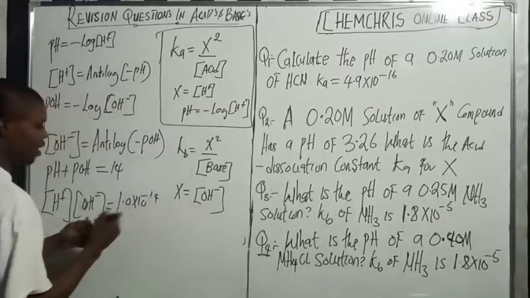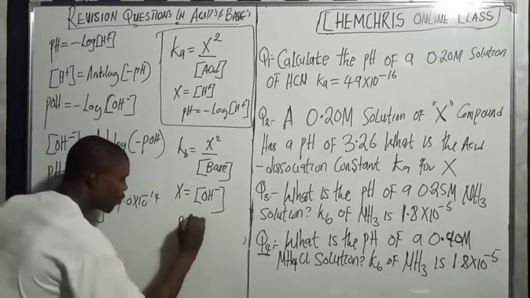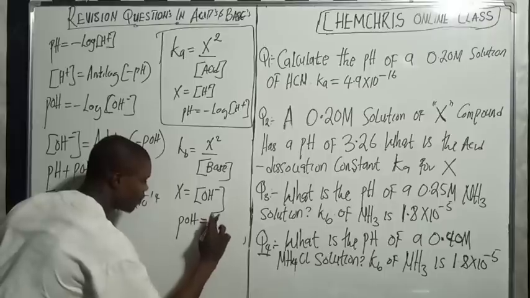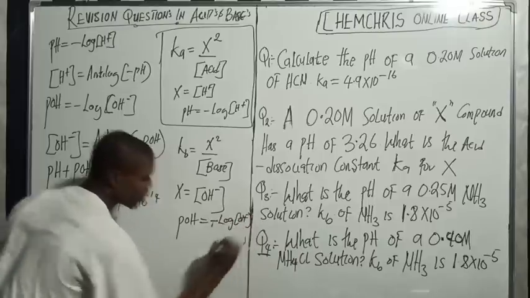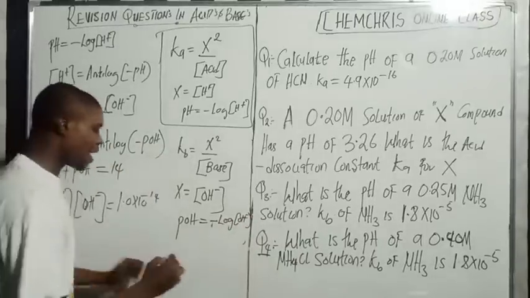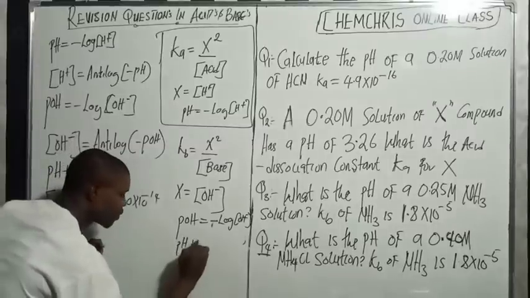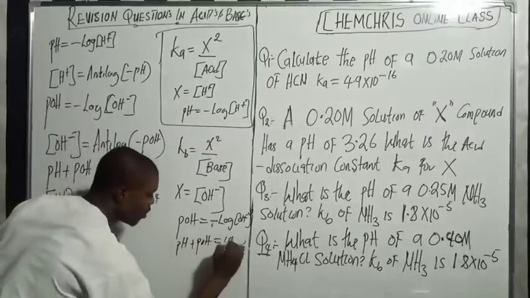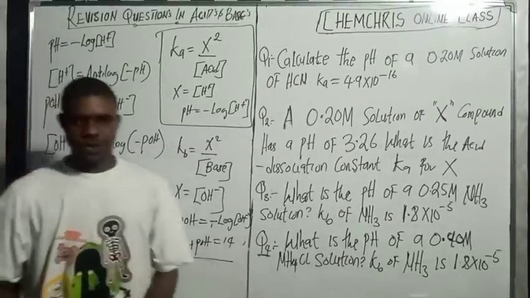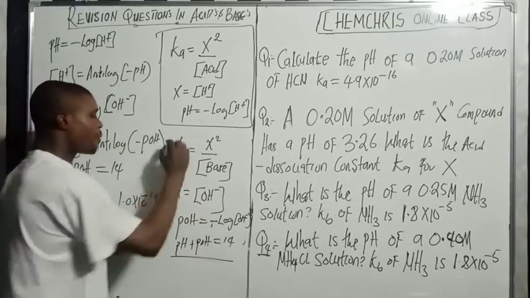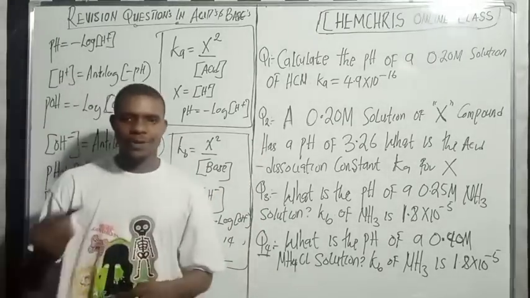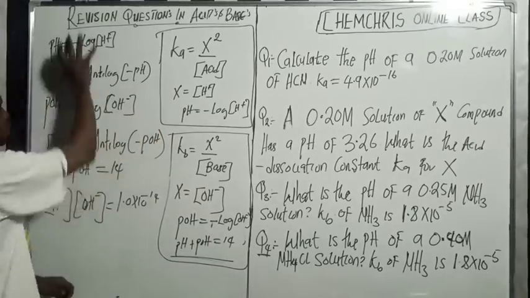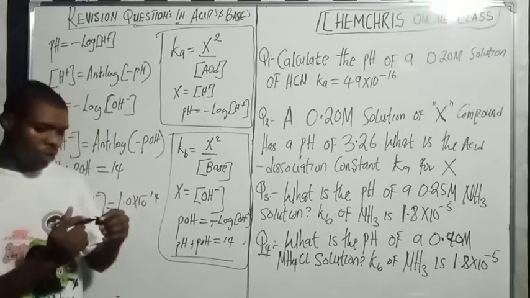Then you use the OH minus to calculate pOH equals minus log OH minus concentration, right? Then from there, I can apply the formula pH plus pOH equals 14. Do you understand? So these are the formulas you are going to need to solve any problem at all. These two, this one and this one here.